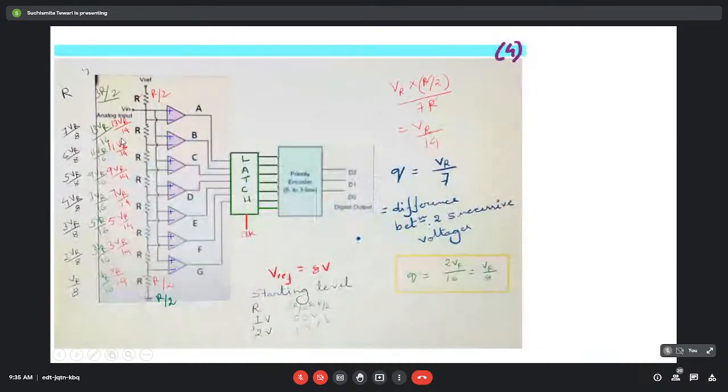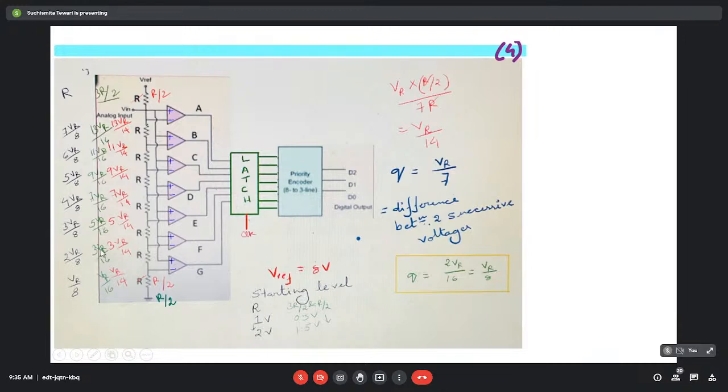Now here again, if we design it like this, here R by 2 and R by 2, then if we use the same V reference value, that is 8, we will get the difference between these two successive levels in a fraction. It won't be a whole number like 1 volt. Here also we are getting a fraction, but it's only the starting value.